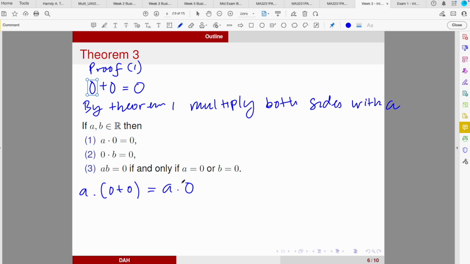And then, using the distributive law, the D property, A times 0 plus A times 0 equal to A times 0. Okay?